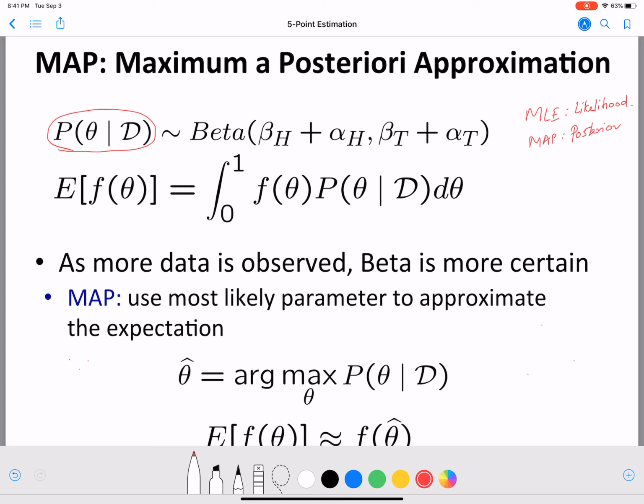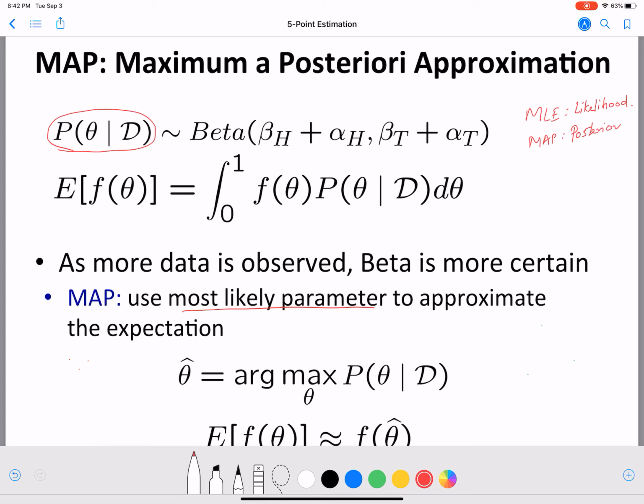So it already includes the likelihood but also has some additional information in the form of the prior. To solve MAP, we want to use a similar technique to the one we used in MLE. We want to find the most likely parameter to approximate the expectation. We want to do an argmax over theta in P of theta given D. So find the value of theta that maximizes P of theta given D.